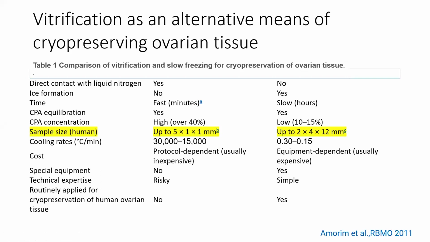But the most important is the size of the tissue: for vitrification, you really need to go to a very small size in order to get this cooling rate, instead of the larger size that you can use for slow freezing. And this is probably the reason why most, or all, of the babies born after cryopreservation of ovarian tissue were after slow freezing and not vitrification.